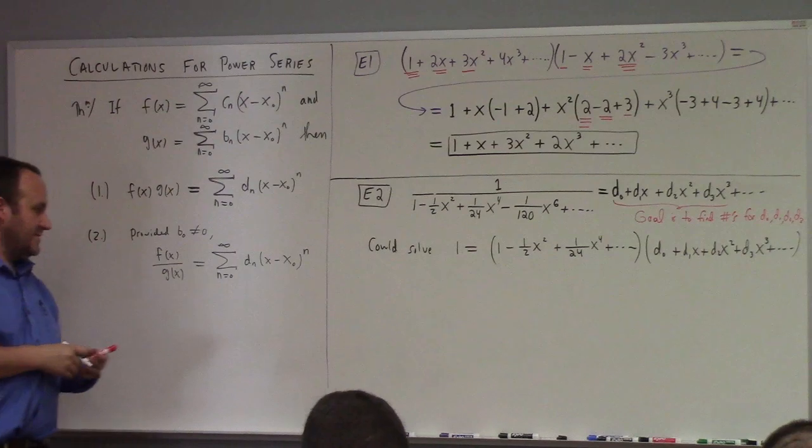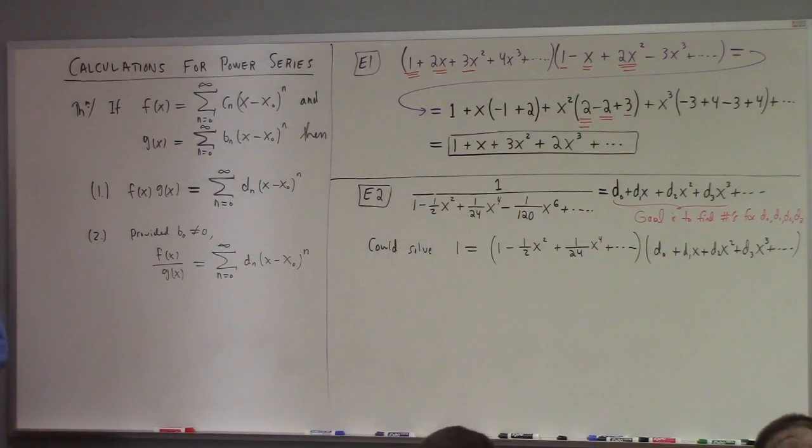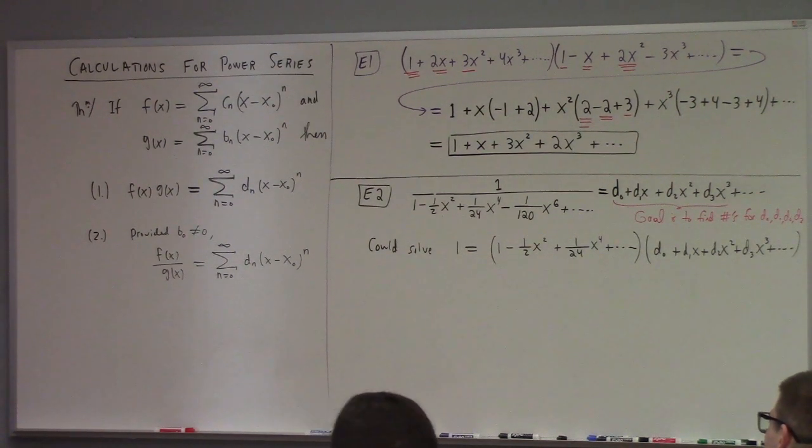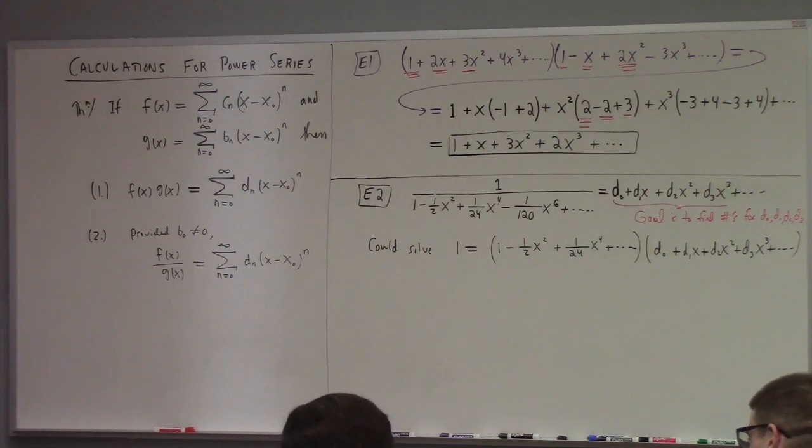One of the things I've failed to emphasize with you guys up to this point, maybe I even used it already, but it should be said: when we have two power series and we know that they're equal, that says things about their relation.